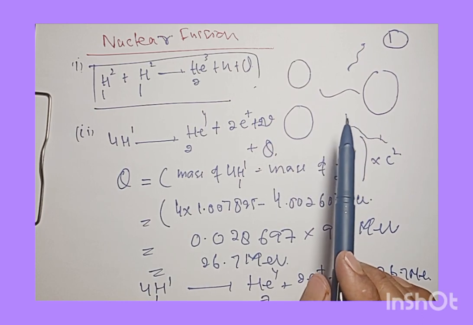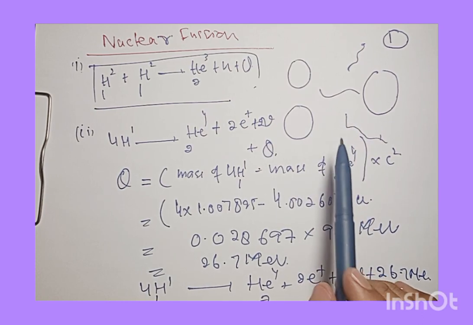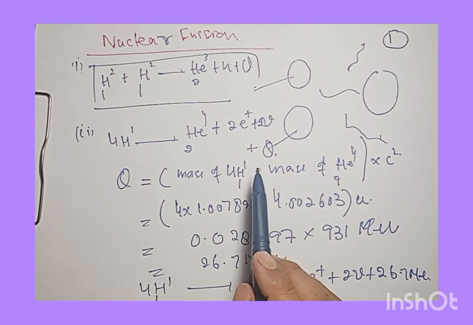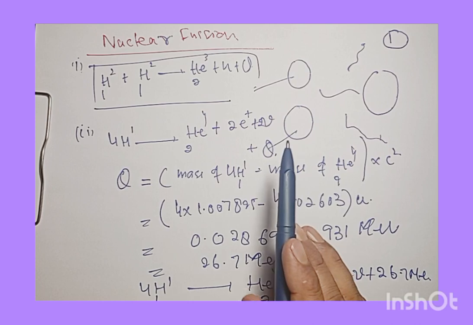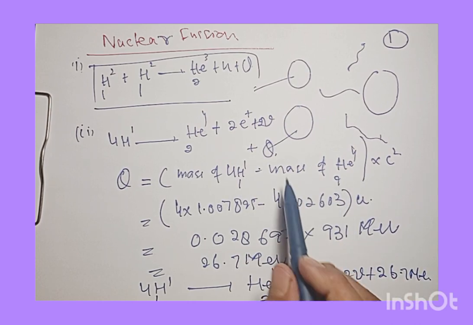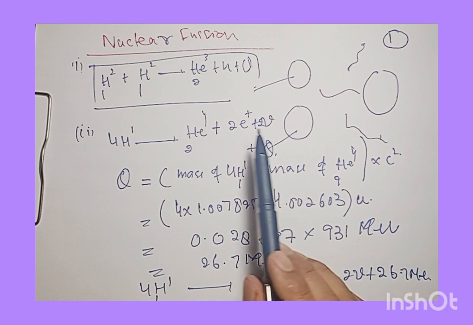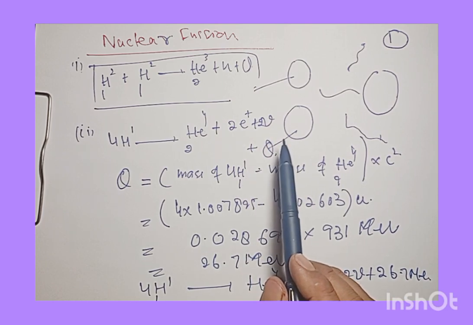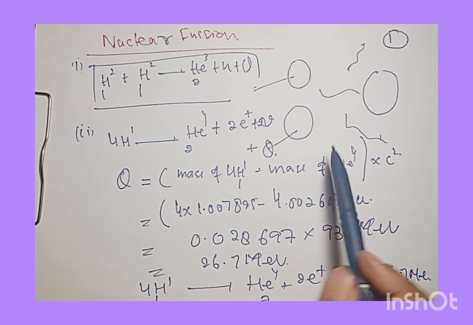What this means is that light nuclei are less stable than intermediate nuclei. So this shows that the sum of the masses of the individual nuclei is more than the mass of the nucleus formed by the fusion.